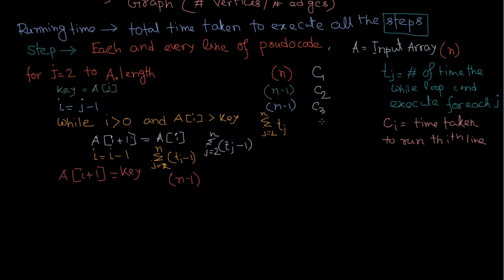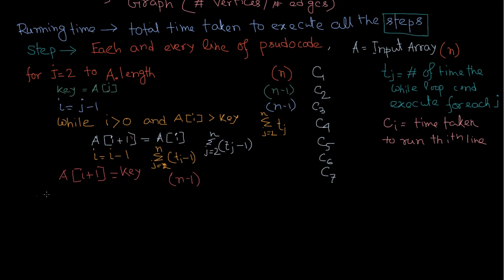This will be c4, this line c5, this line c6 and c7. In total we have 7 lines. So we know how many times each ran, and we know the time each run took.